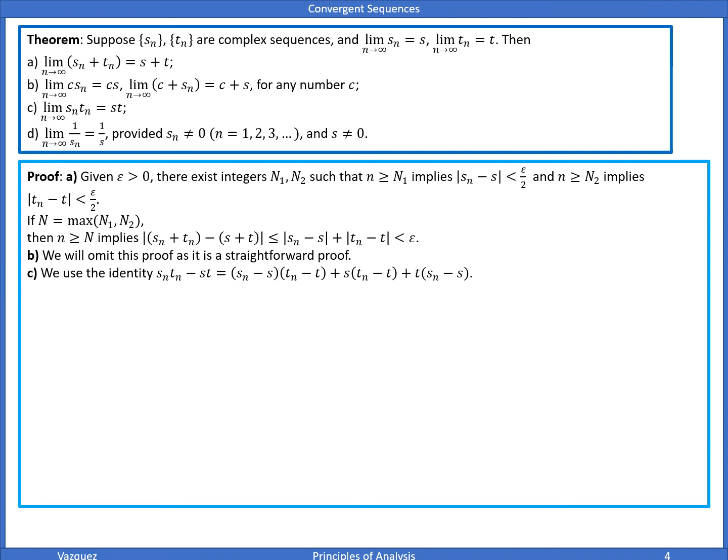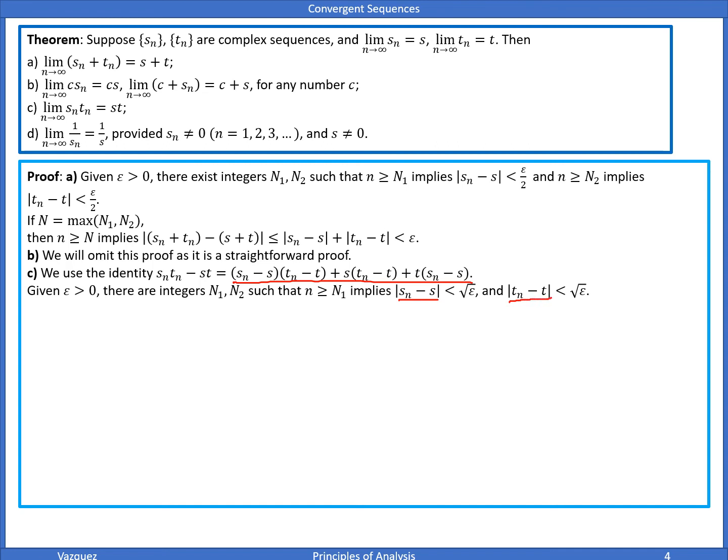So we use the identity for this proof that S sub n times T sub n minus ST is equal to this whole expression over here. If you want to do some algebra and verify that, you should. So given epsilon greater than 0, again, there are integers n1 and n2 such that S sub n minus S gets arbitrarily close.